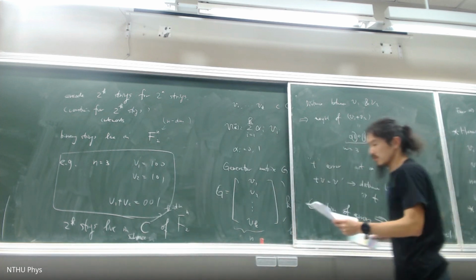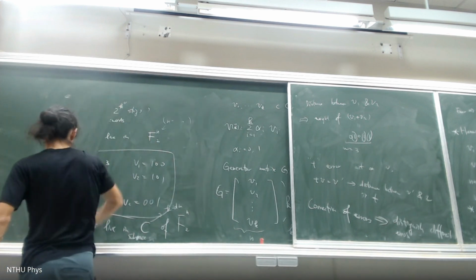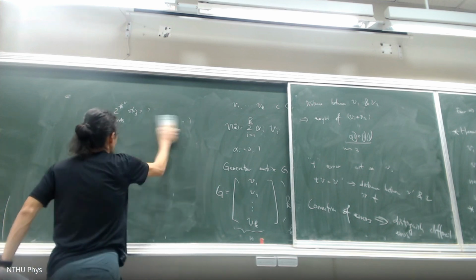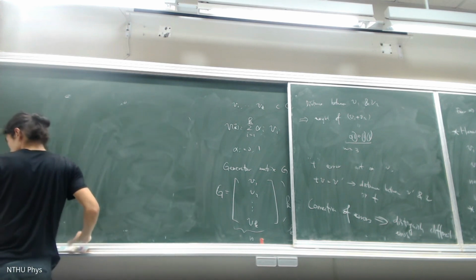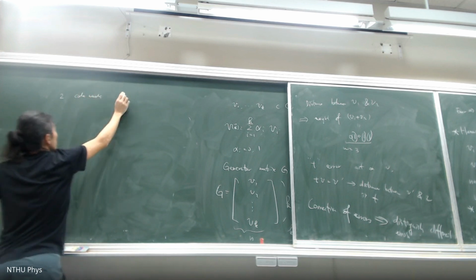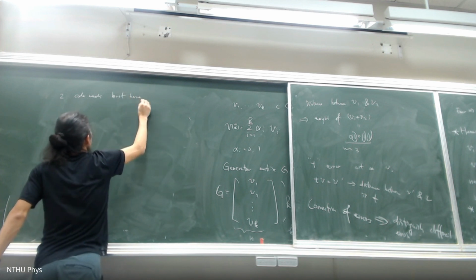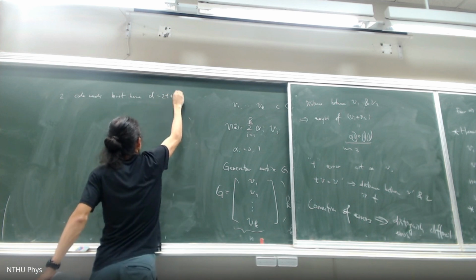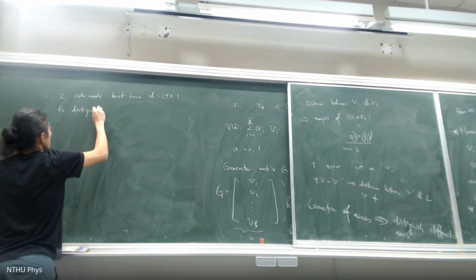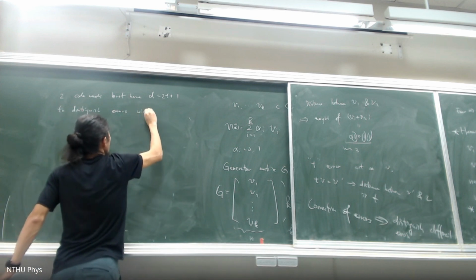Let's do the example. It's the same as before. Two code words must have the distance equal to 2t plus 1 to distinguish errors.